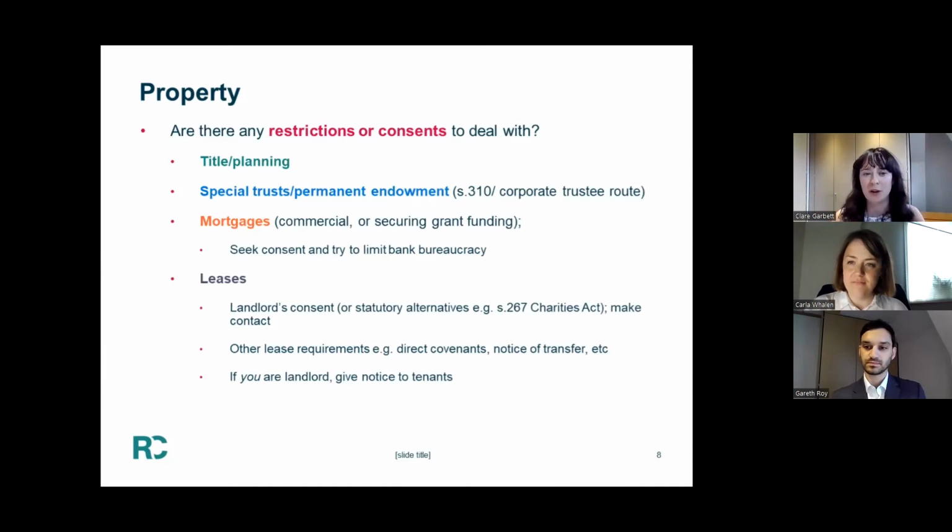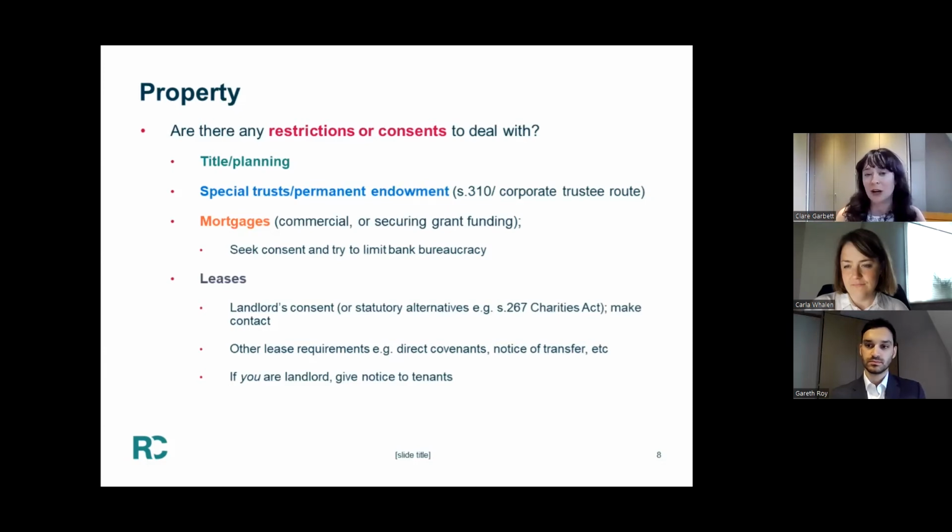Either of those will count as, in effect, a separate charitable trust in its own right. And that means that the receiving organisation can't receive those assets outright. They have to hold them on trust.